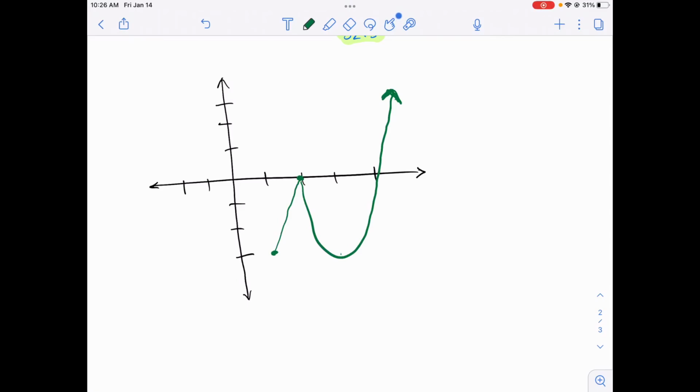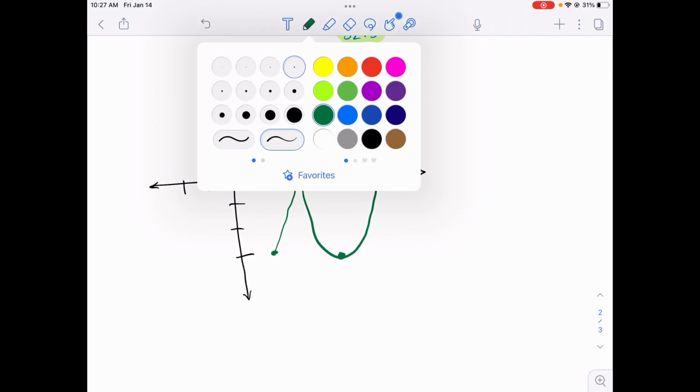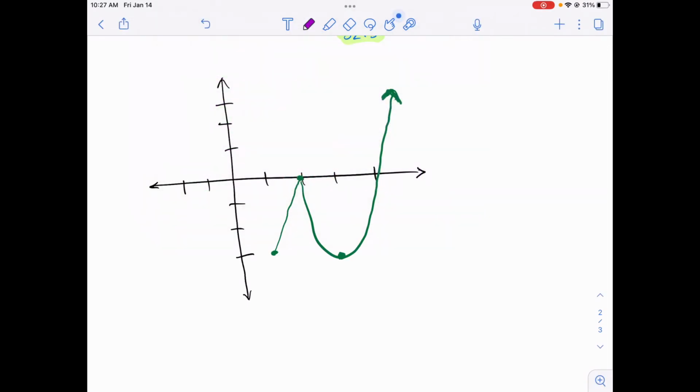And I've got a point there, a point there. These are just some of the turning point things. And we could talk about domain and range for this just to give you a little bit different perspective.